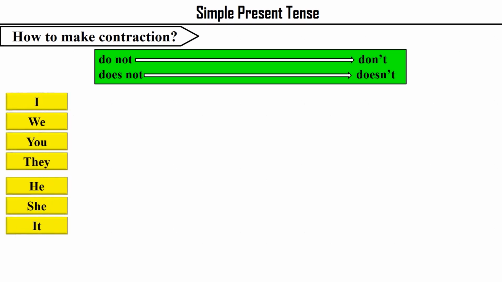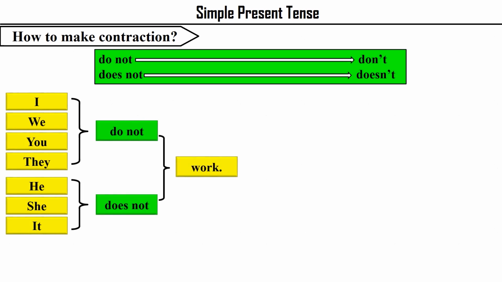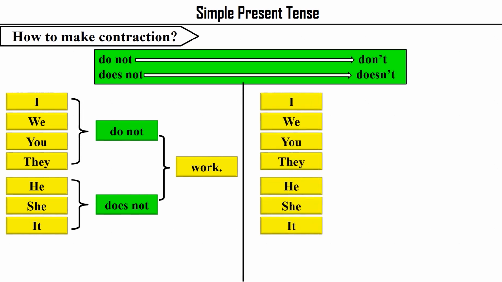For example, subject plus complete form do not or does not plus main verb. I do not work, we do not work, you do not work, they do not work, he does not work, she does not work, and it does not work. Okay, let's look at the contracted form.